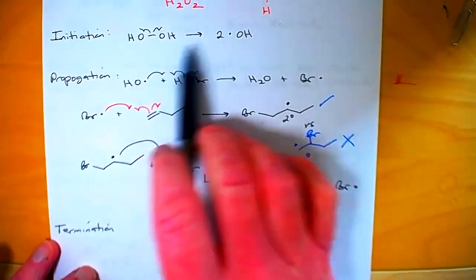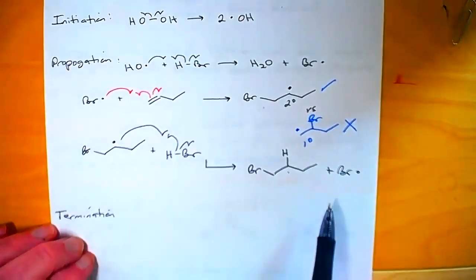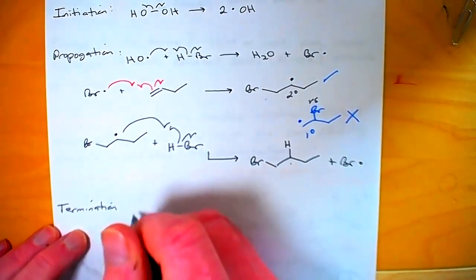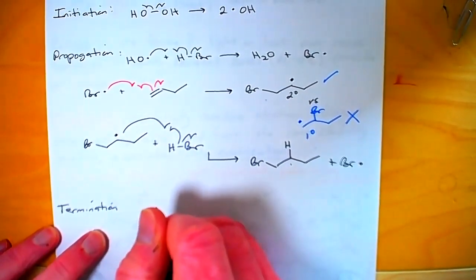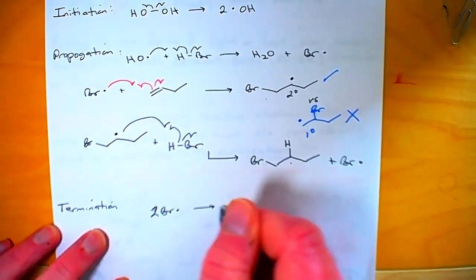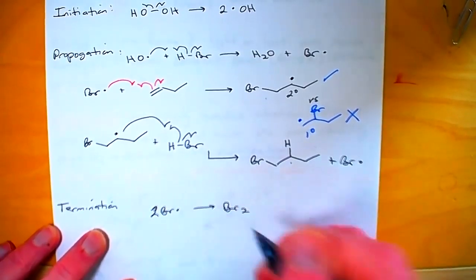You don't need a lot of peroxide in order to get this to start reacting. Now your termination steps are, you know, the two bromine radicals could obviously combine to form Br2.